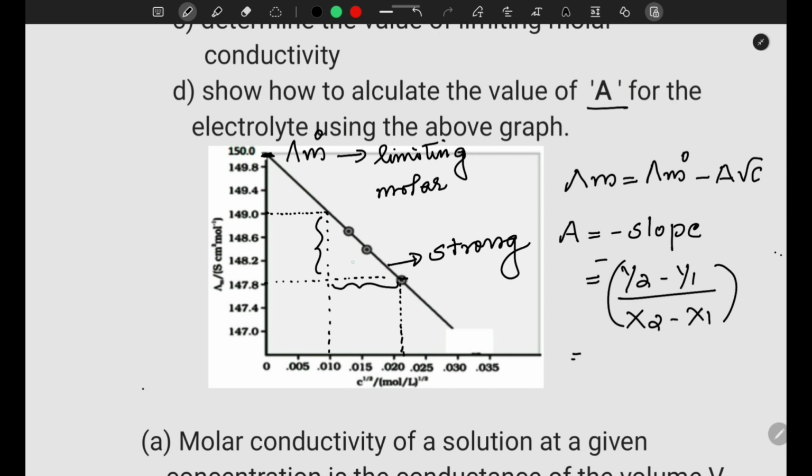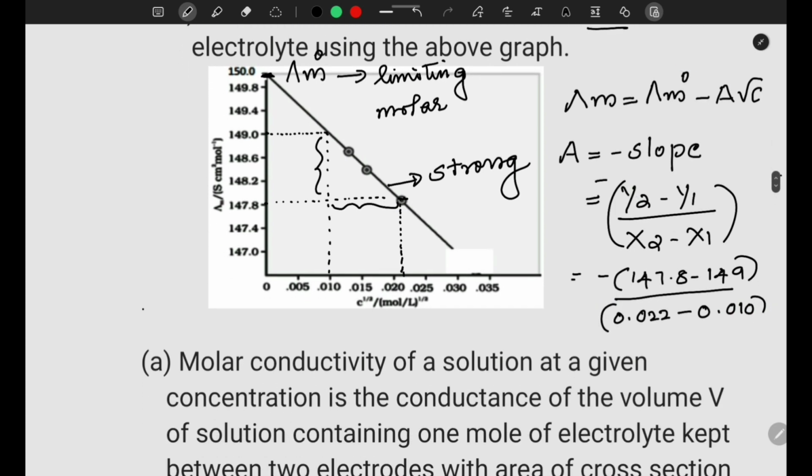Now y2 is 147.8 minus y1 is 149, and x2 is 0.022 minus x1 is 0.010.